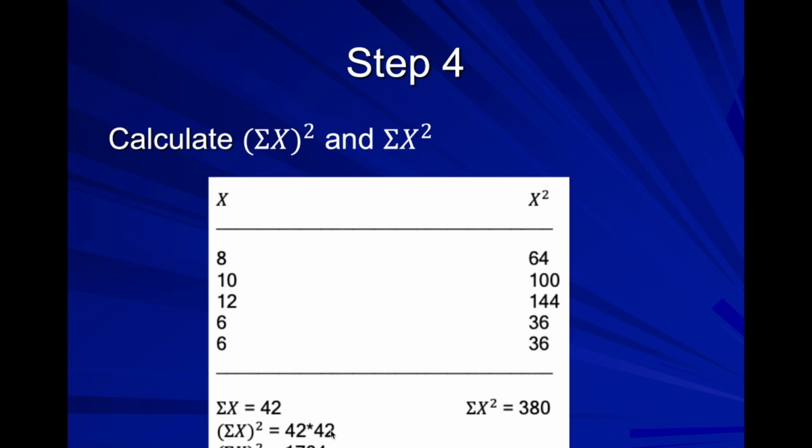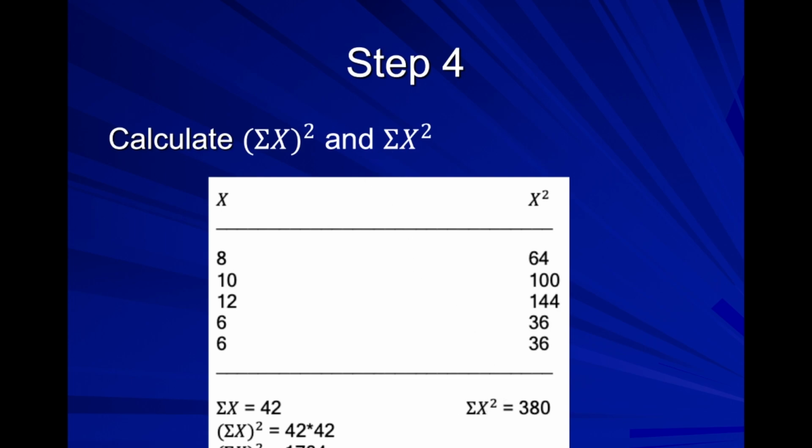This is the term we're going to be paying attention to, sigma x quantity squared. 42 times 42, you square that, and you get 1764. And then over here you have the sum of x squared, and that's 380. So here are your two terms: sigma x squared, this part, and sigma x squared.